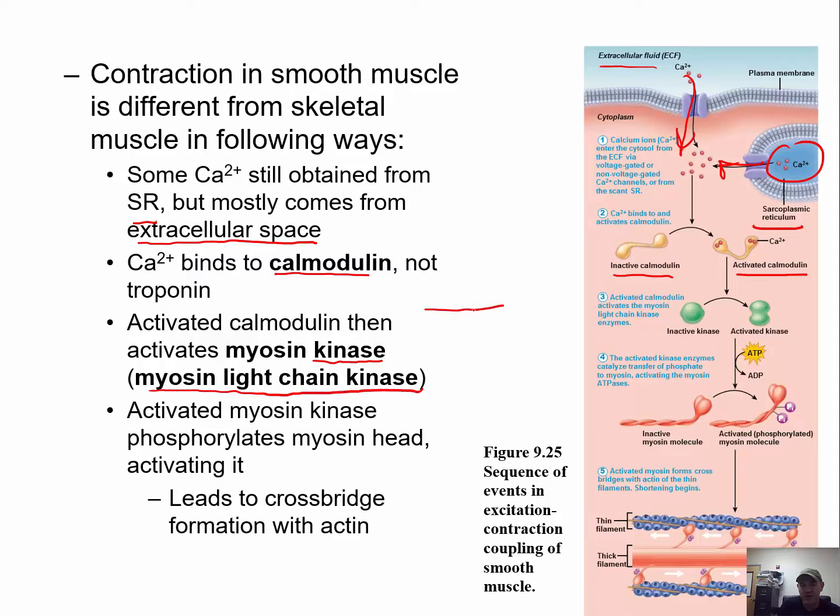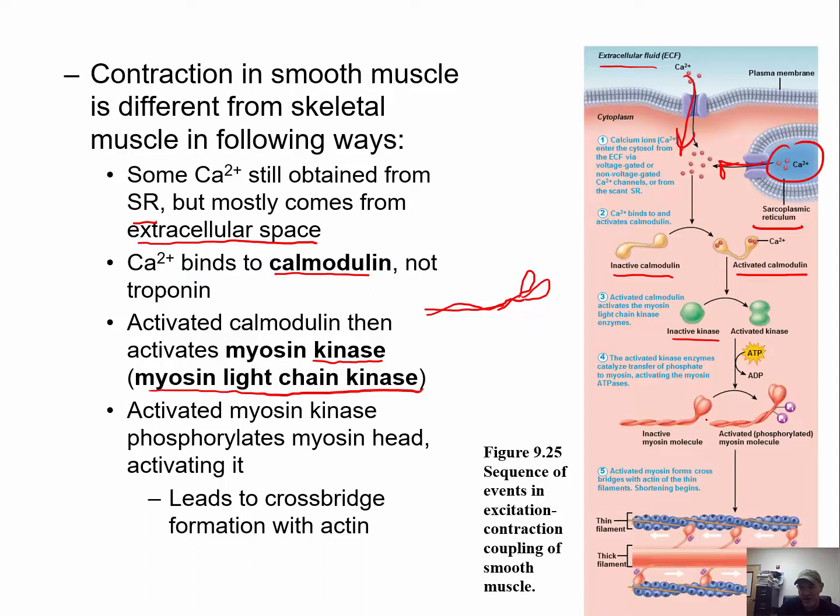Recall that when we're talking about a myosin molecule, we have the heavy chains that twist up, and the light chains make up the globular heads of the myosin. So here we see that when the calmodulin activates the myosin light chain kinase, the activated kinase then goes and phosphorylates the head.